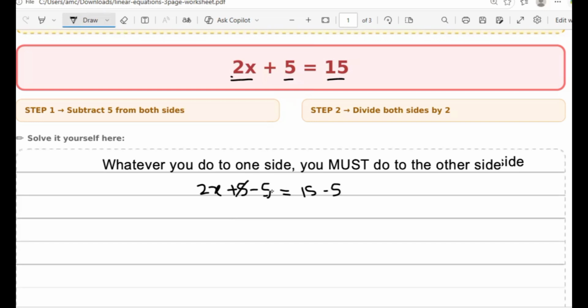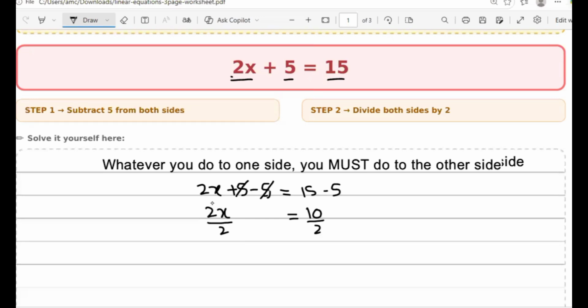So this 5 is cancelled out with this 5. So we have 2x is equal to 15 minus 5. 15 minus 5 is equal to 10. Now we want to remove this 2 from this 2x. To remove it, we divide both sides by 2. So we divide 10 by 2 as well.